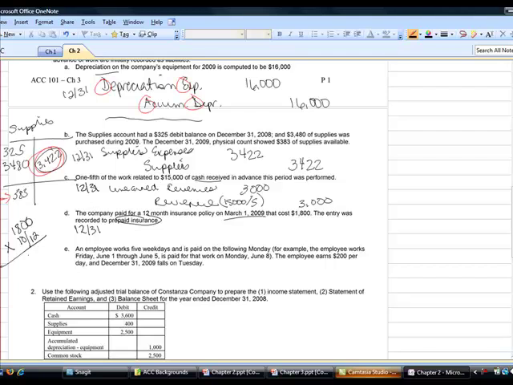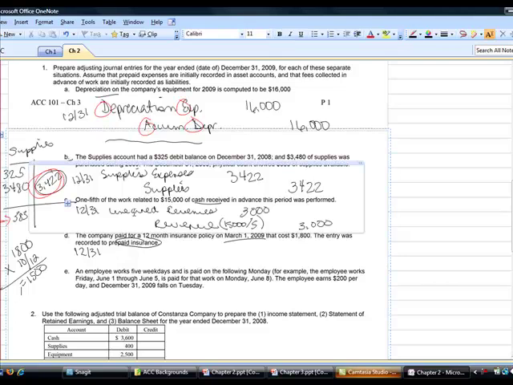$1,500 is how much expense. Let me just double check my math here. Times 10 out of 12 months, it's $1,500. So now I record the insurance expense here for $1,500. What's my credit?